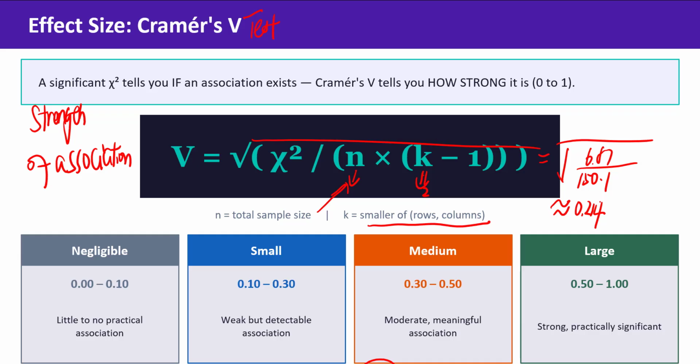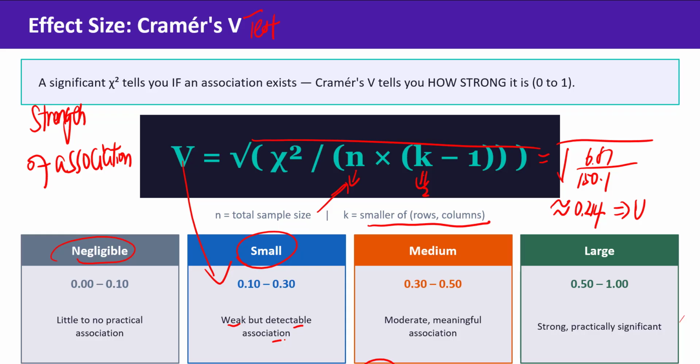And then we apply the cutoff scores. The negligible range is between 0.0 and 0.10, basically little or no practical association. Our example matches the small association, because the V score is 0.214, which is between 0.1 and 0.3, a weak but detectable association.